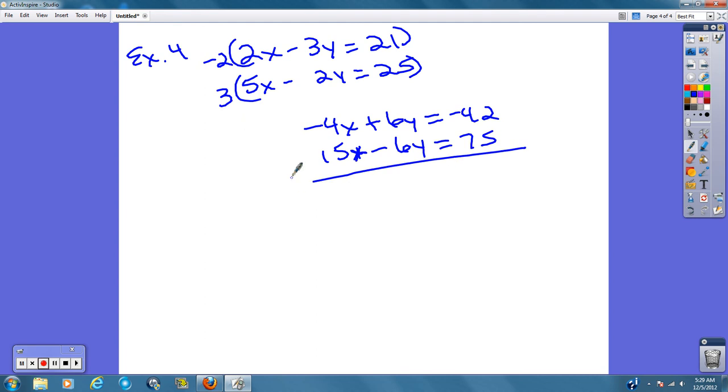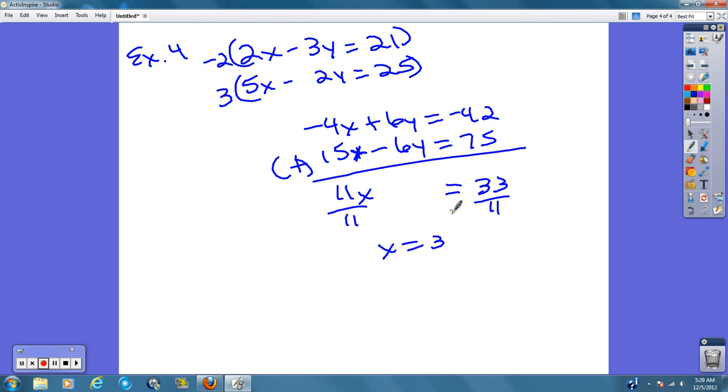Now let's add these together. I know it's amazing how it gets crooked really fast. So it's 11x, this falls out, equals negative 42 plus 75, and that should be a 33. Divide both sides by 11, and so x is 3.